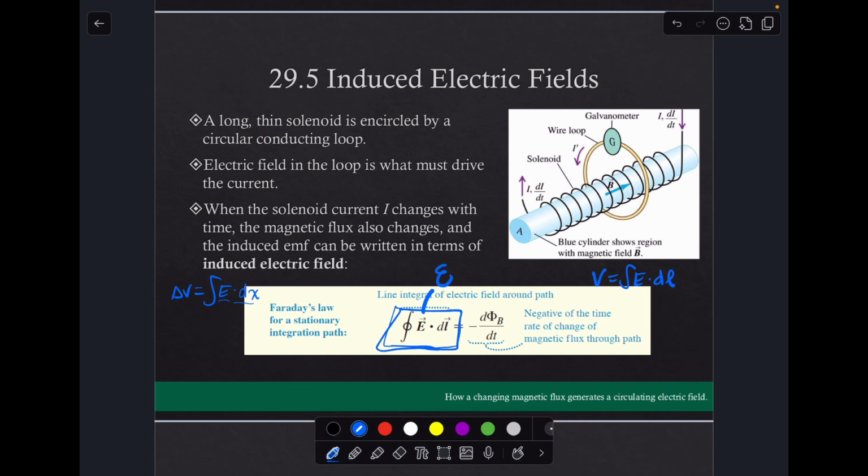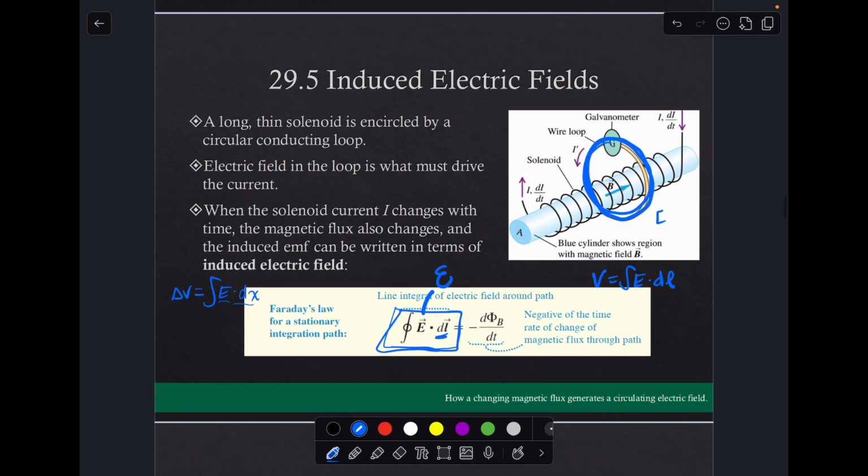And this comes into play because you may have noticed that the voltages that we're calculating, right, they're not in a straight line, they're in a circle, right? The EMF is like a circular EMF. So you can't just multiply E times some distance, delta X now. That distance is now a circumference of a circle. Okay, and that's simply what the left-hand side is telling you.